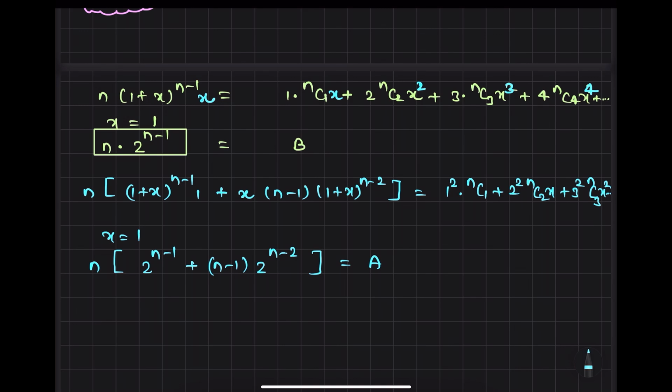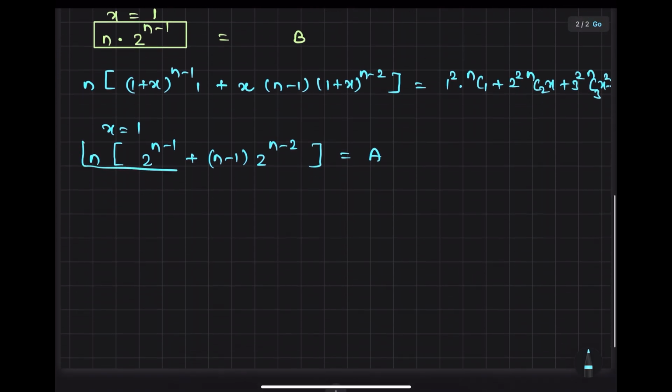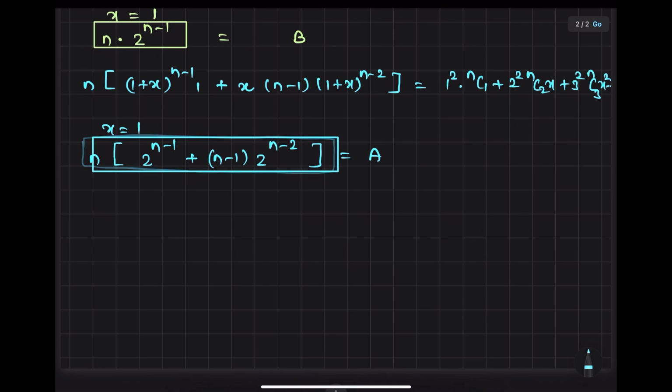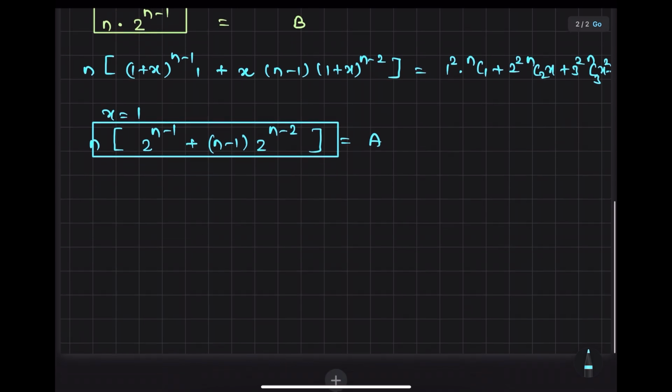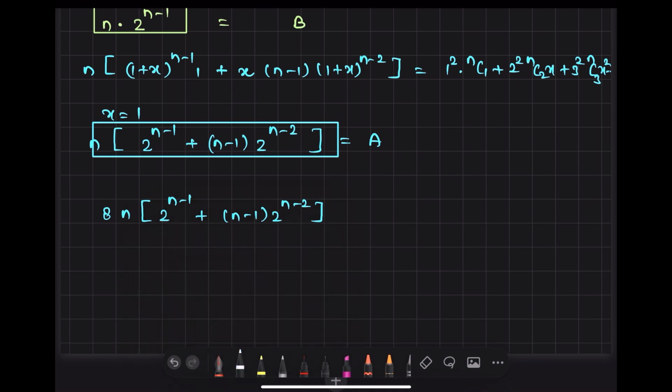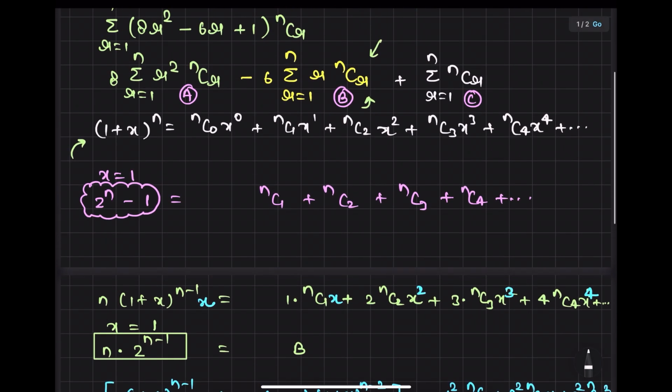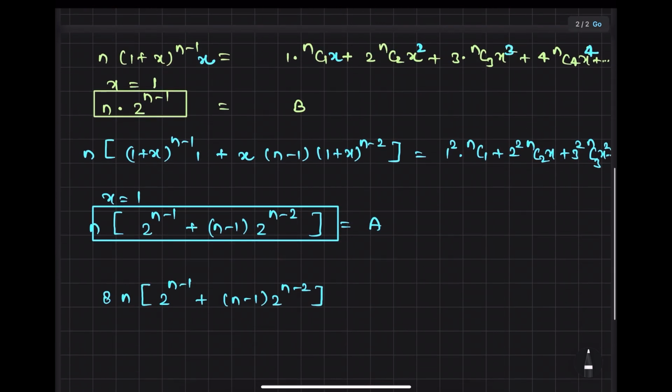Okay, so how will you write down your final answer? Wait a moment. So the final answer contains 8 times A. So it is 8 times n, then 2 power n minus 1 plus n minus 1, 2 power n minus 2. This is your A. Now focus on the next part, B. So B is minus 6 times B. So n times 2 power n minus 1.